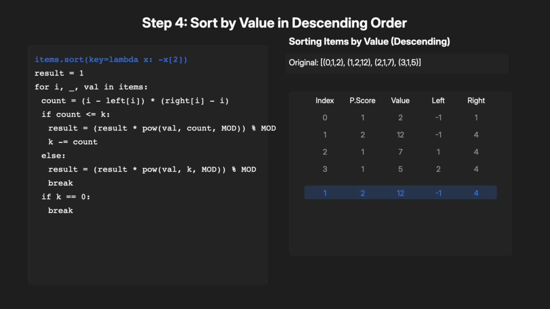In our example, the sorted order becomes 1, 2, 12, 2, 1, 7, 3, 1, 5, 0, 1, 2. Placing the element with value 12 at the front, followed by 7, 5, and 2. This ordering is key to our greedy strategy of maximizing the score.